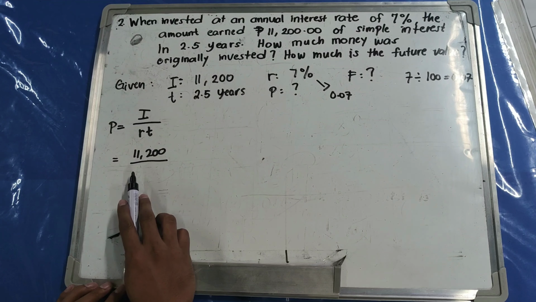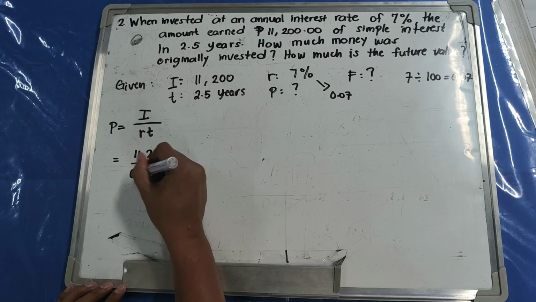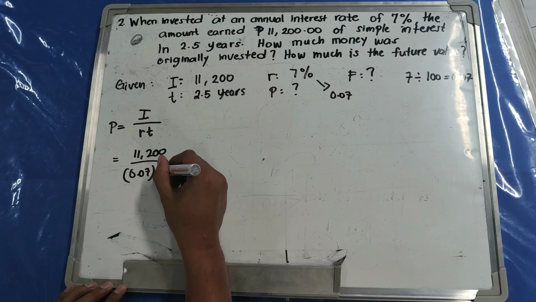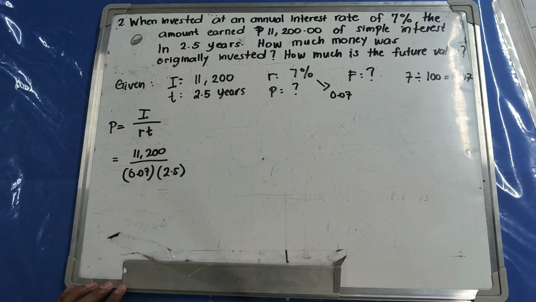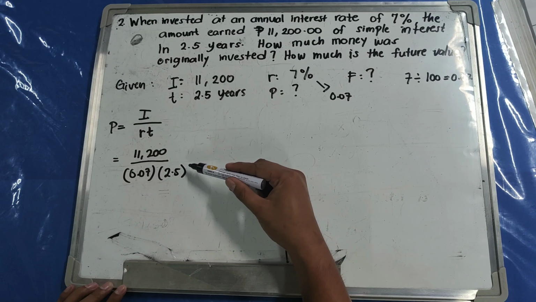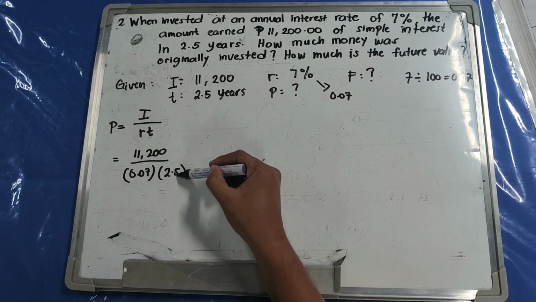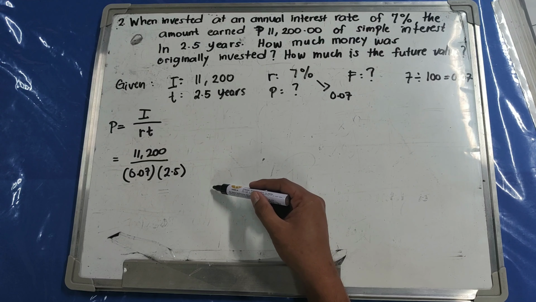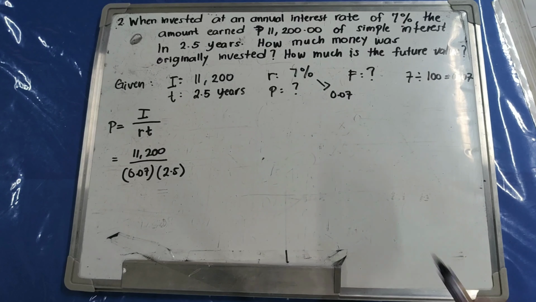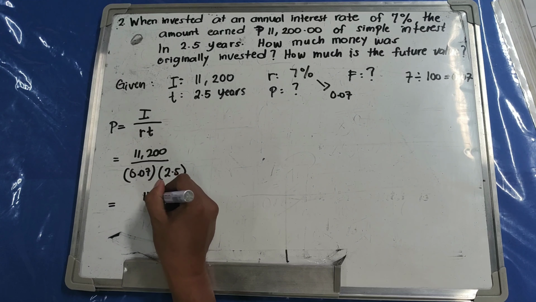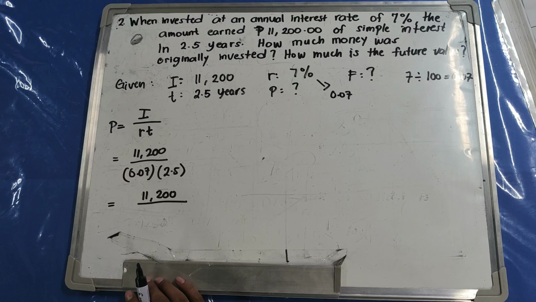So our rate is 0.07 times the time. Substitute time, 2.5. So again, what we did in this part, we simply substituted the given to the equation. Our I is 11,200 or our interest, our time is 2.5 and our rate is 0.07 from 7%. The next step, simplify. Simplify first the denominator since we need to apply PEMDAS. So 0.07 times 2.5. What's the result?